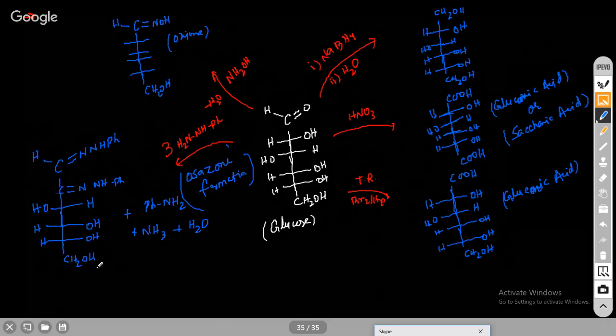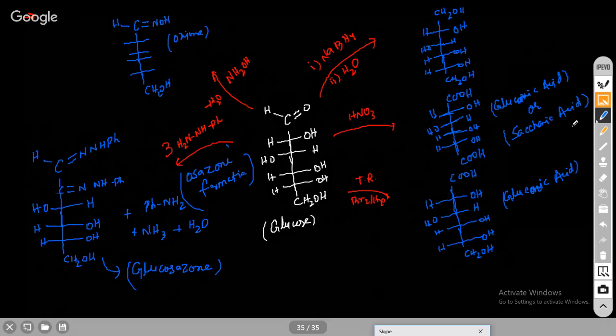And this product, since it is obtained from glucose, we call it glucosazone. Okay. We can write down the mechanism of this also, but that is not required, so I'm not doing that. So you see 3 moles of this we are using, 2 moles we use here, 1 mole goes out and NH3 goes out. Now the important thing here is what?